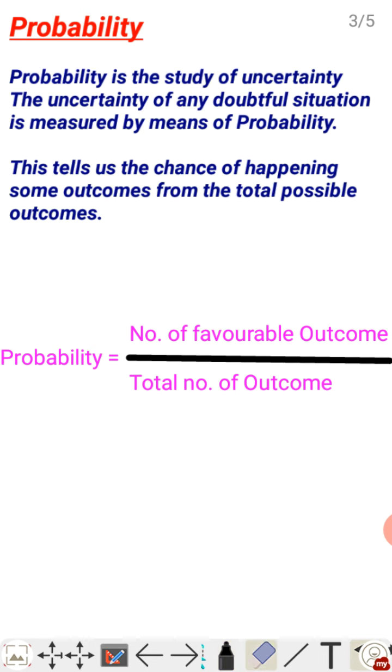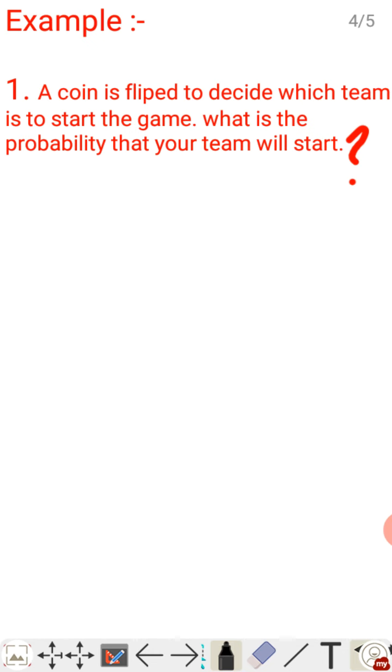And the total number of outcomes? Total number of outcomes means the total number of possibilities. For better understanding, we will see an example of how to find the probability.